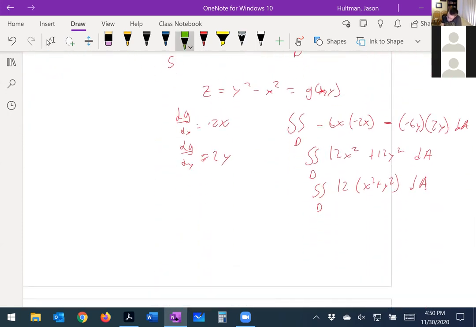So this is 12 times r squared, times r dr d theta. R goes from 0 to 5, that's the radius, and theta goes from 0 to 2 pi. Nice.